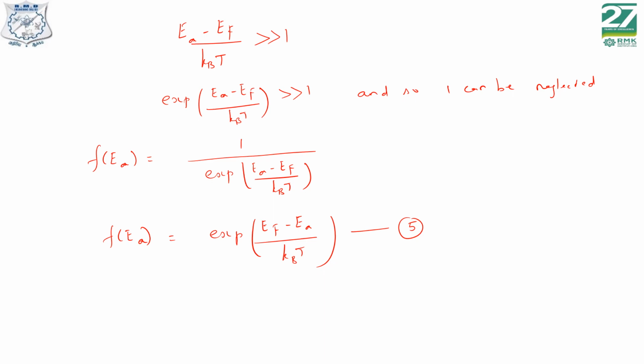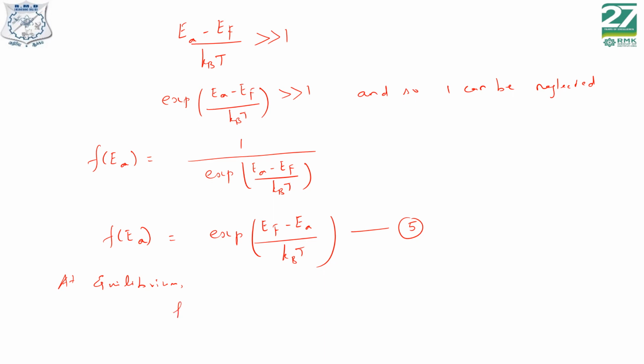Now, as how we have done the N-type semiconductor derivation at equilibrium. At equilibrium, the number of holes in the valence band is equal to the number of electrons in the acceptor energy level.